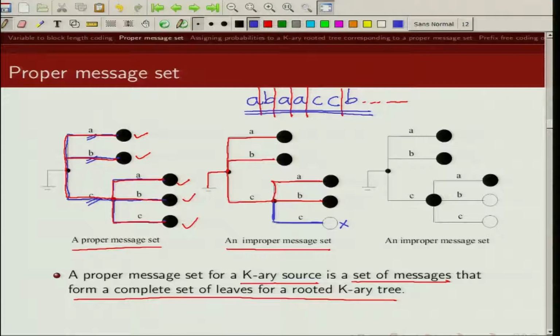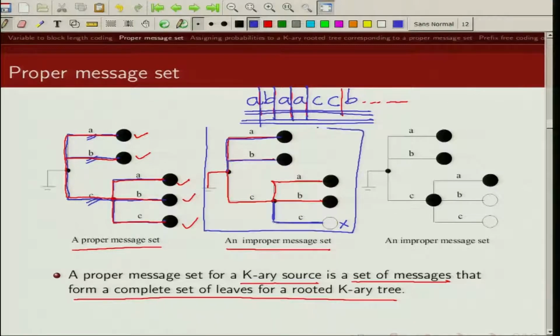So if you look here, if I get an A, my input stream is parsed. If I get a B, the input stream is parsed. I again get an A, the input stream is parsed. Now if I get a C, note that I need to look at the next bit. The next bit gives CC, but CC is not used. So if I give this particular input stream to my message source parser, I cannot parse sequences which are of type CC.